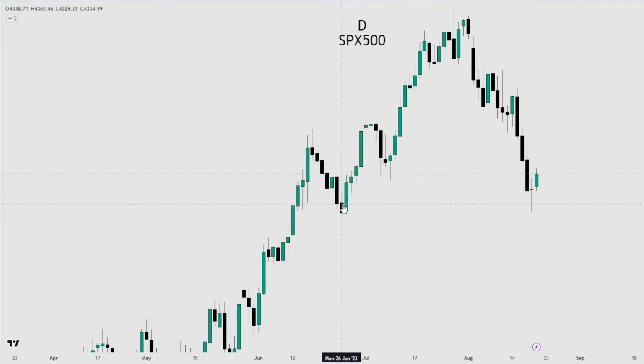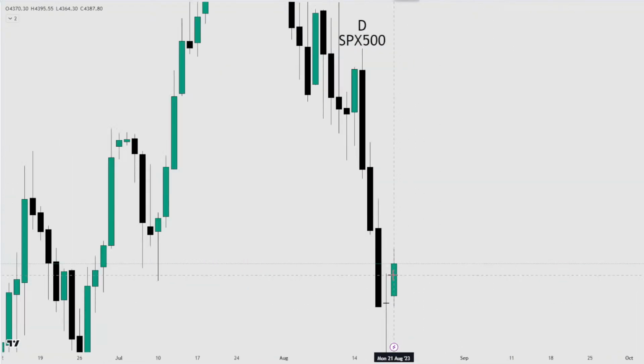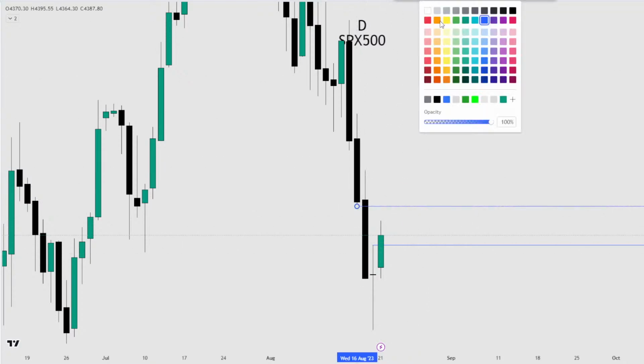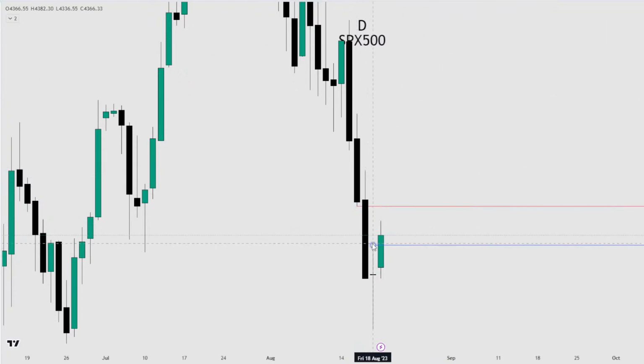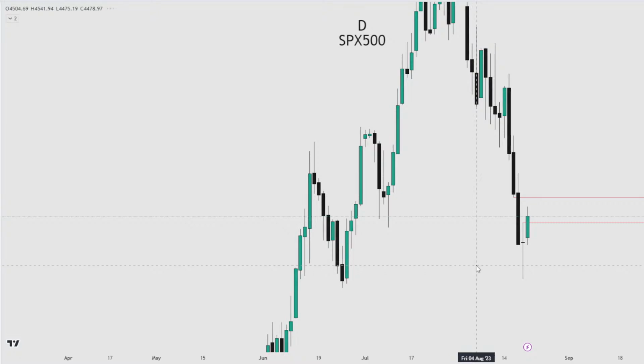This smaller order block was respected as well. So now we are inside the daily imbalance, from this candle's low to this candle's high. It's a daily imbalance, or daily fair value gap. Okay, so we're here.